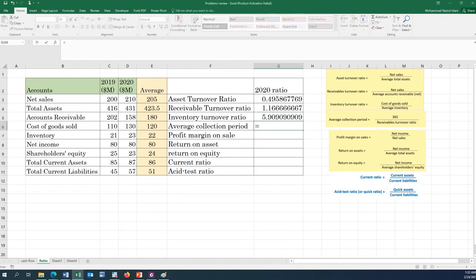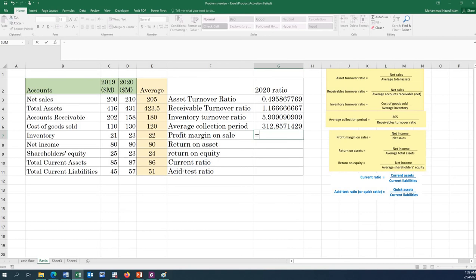And this one, average collection period. It is 365 divided by the receivable turnover ratio. So we have the receivable turnover ratio, this one, 1.16. So 312 is the average collection period, meaning in 1 year you are collecting in almost 312 days.